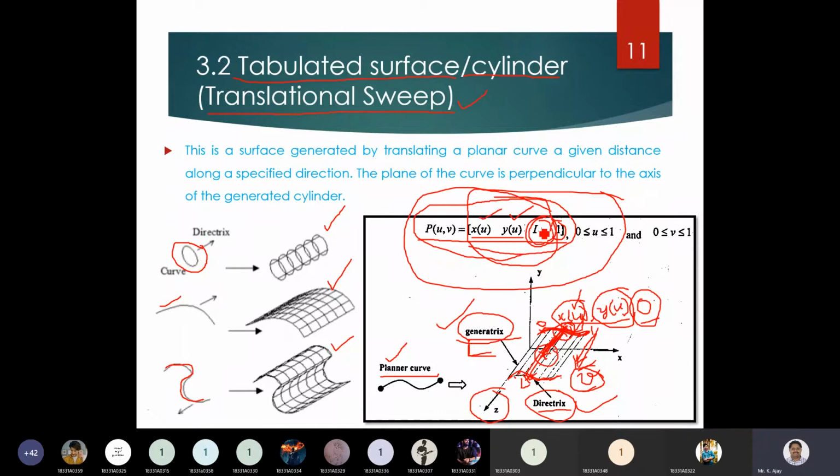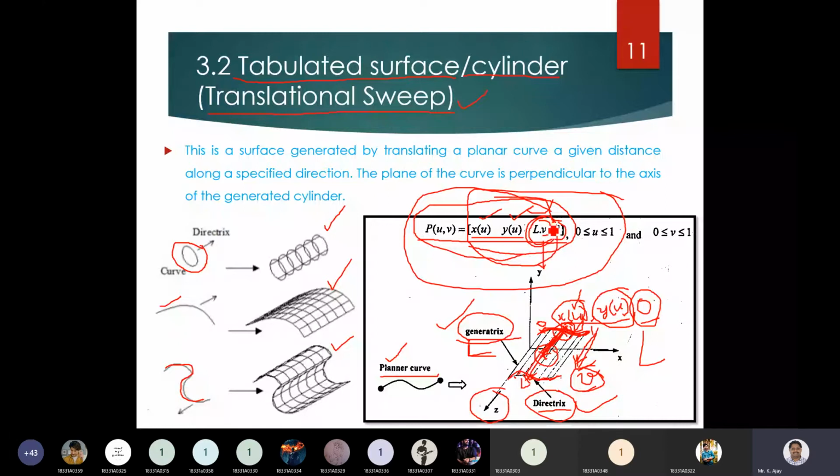If, let us say, the length of this depth is L, then from 0, it varies to L. In between, what is happening from 0 to L? I am going to use another independent variable called V, where V is equal to 0 at the beginning and V is equal to 1 at the end of the sweeping.